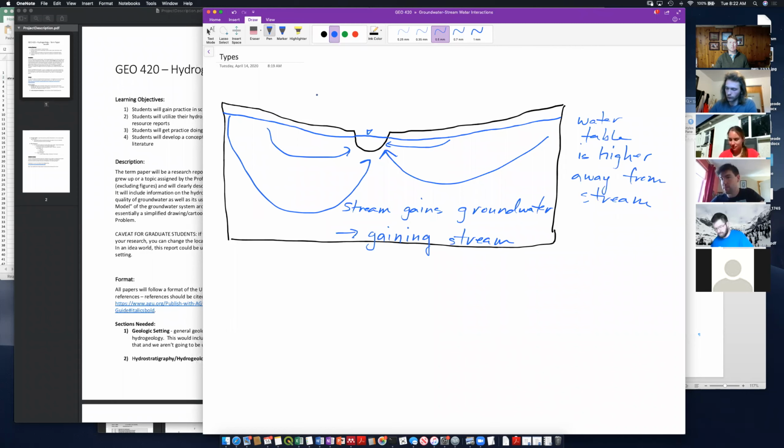All right, so this is type 1, gaining stream. All right, so let's consider another situation where now we have our cross section.